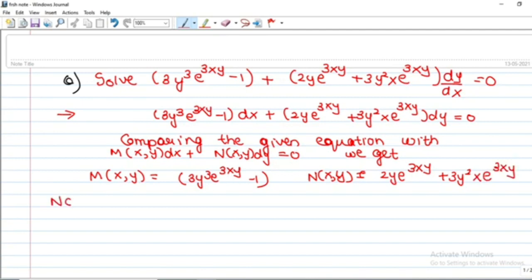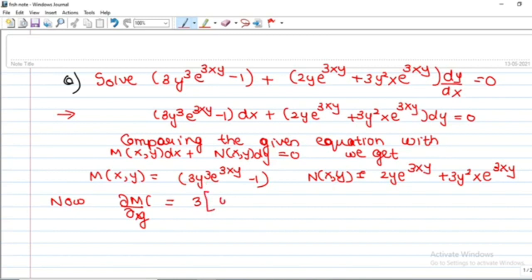Now to check whether it is an exact differential equation or not, we need to get ∂M/∂y and ∂N/∂x. If we differentiate this with respect to y, the constant term will become 0, so our main target is to simplify this one. This is y³, so firstly we use the product rule.